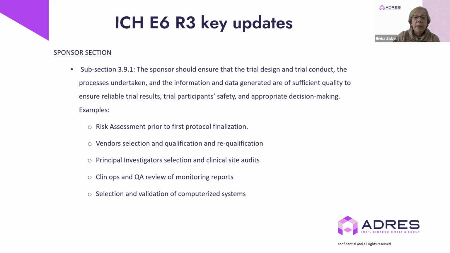Examples of tools to achieve that are risk assessment prior to first protocol finalization, vendor selection and qualification and requalification, principal investigator selection and clinical site audits, clinical operations and QA review of monitoring reports, and selection and validation of computerized systems.